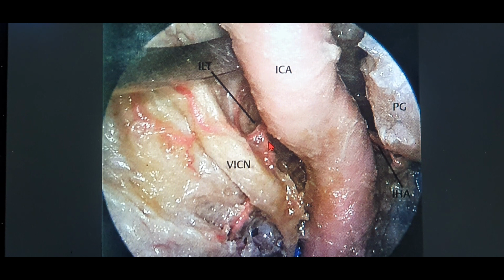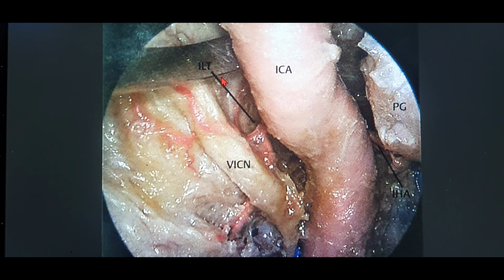Now, there are very few points which you need to know about the anatomy of the infero-lateral trunk. The very first point is that the infero-lateral trunk will be present in the inferior and lateral aspect of the cavernous sinus. Hence, the name infero-lateral trunk.